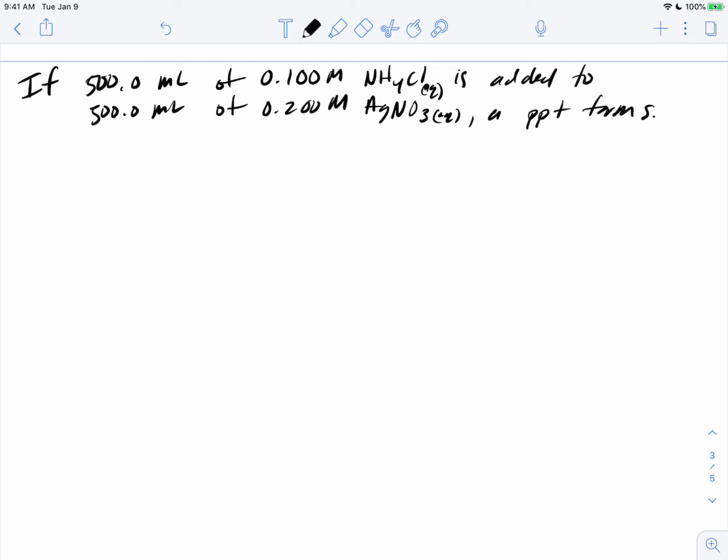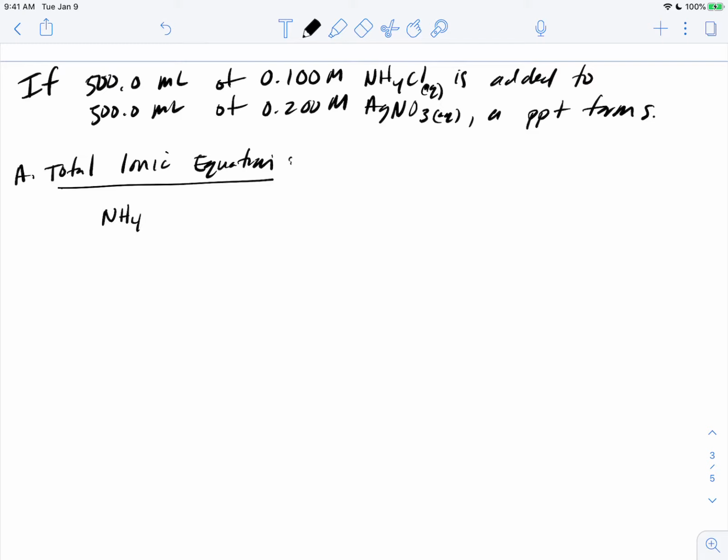We know a precipitate forms. So the first step is to write the total ionic equation. And so that's going to be taking each of these.